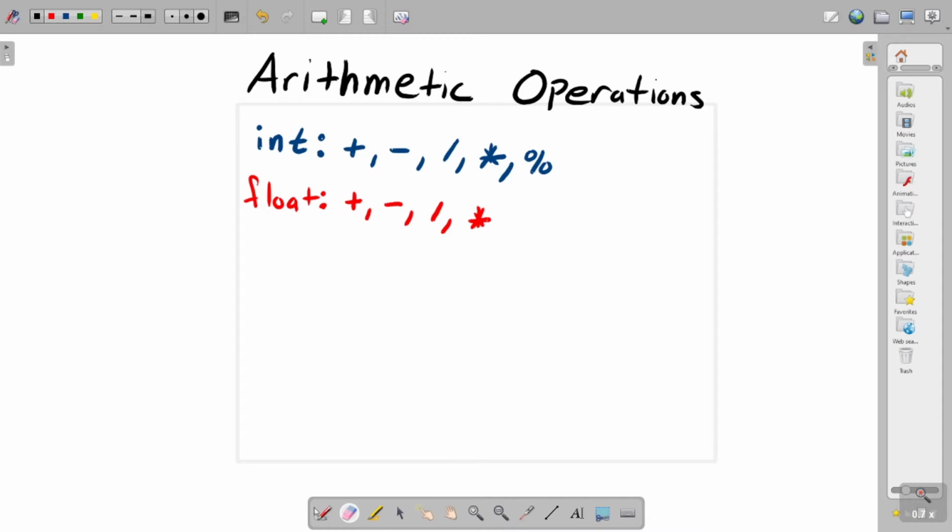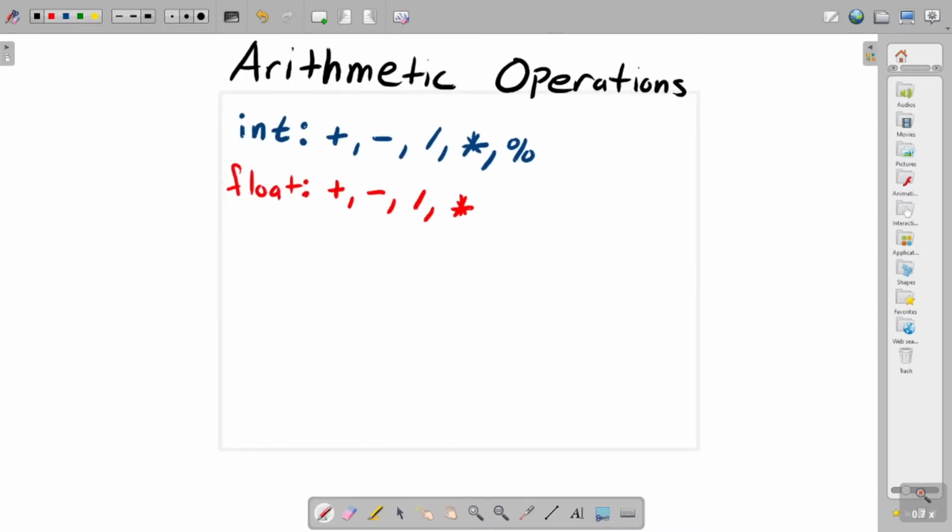Now you'll see that the integer actually has one extra operator, and this one is called modulo, and we'll get into that in a second. Now, adding any two data types that are of the same type will work pretty much as you would expect it to. So if I took 3 plus 4, then both of these are integers, right? 3 is an integer and 4 is an integer, at least by default.